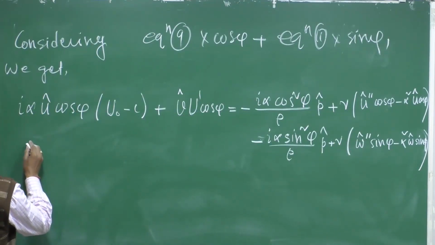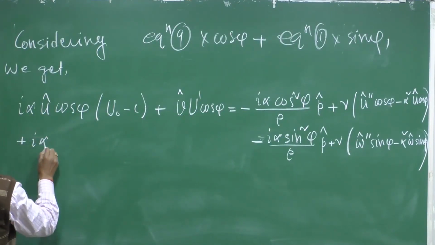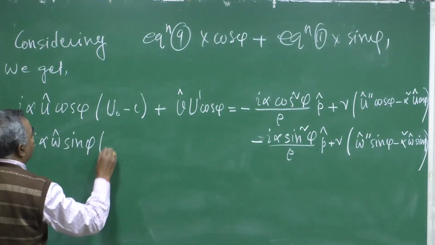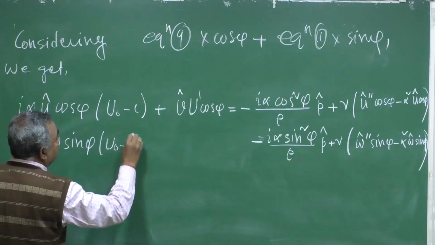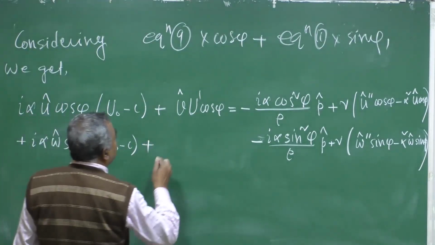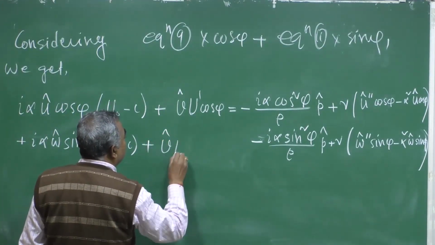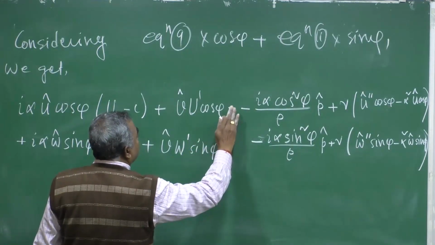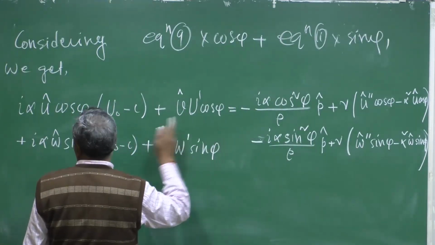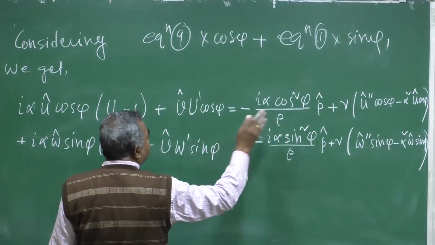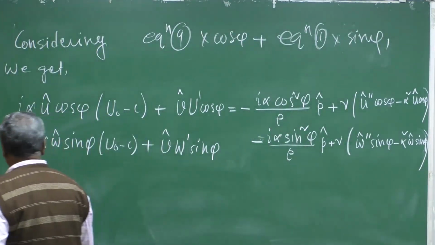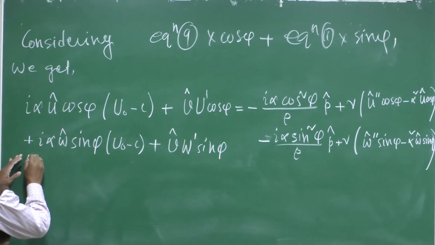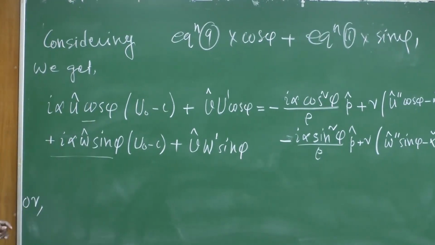is going to be plus I alpha w hat sin phi u minus u naught minus c plus this is going to be v hat w prime sin phi. Okay. So, this plus this term, okay, equals to this. So, essentially, we can write the summation of these two as what?